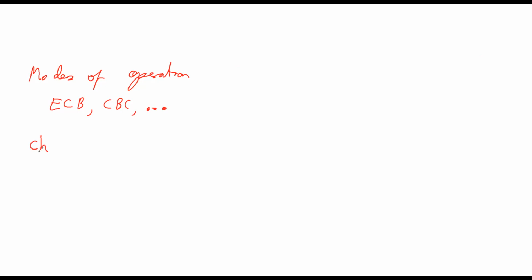Or let me say this more formally: block ciphers use a chaining mode. That's what we have to understand a little bit more, and it just indicates how to encrypt the blocks. So how do you go from M blocks to C blocks?